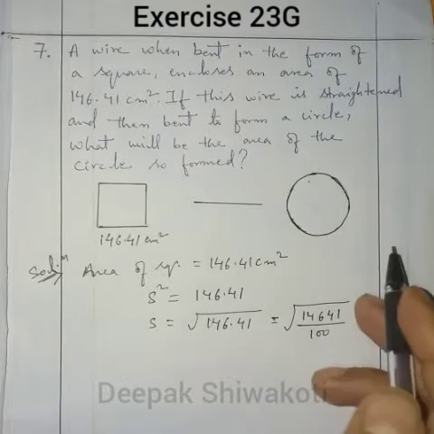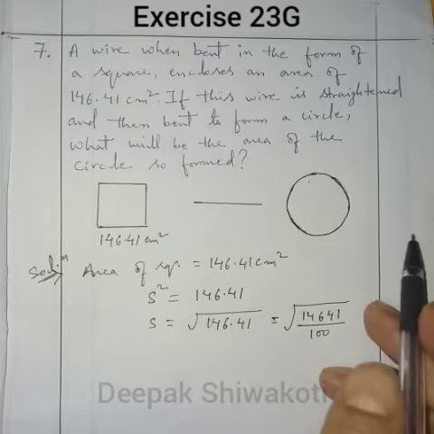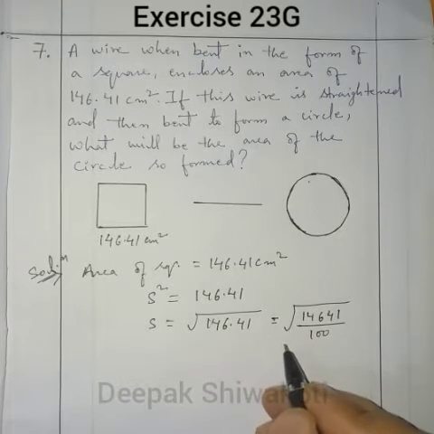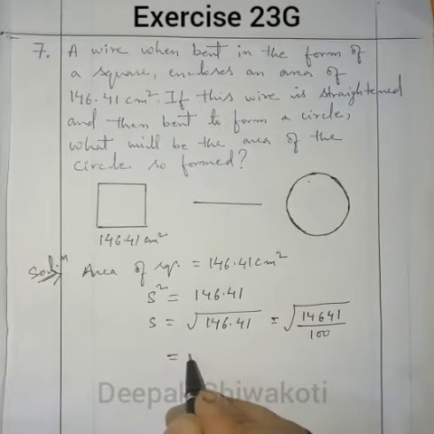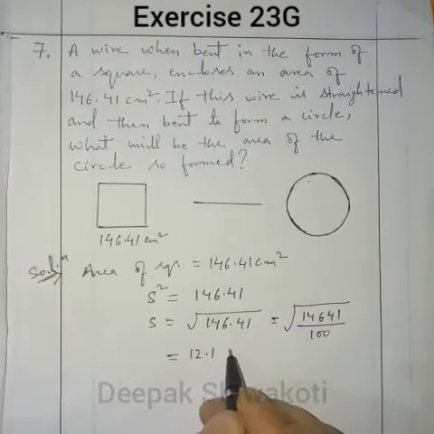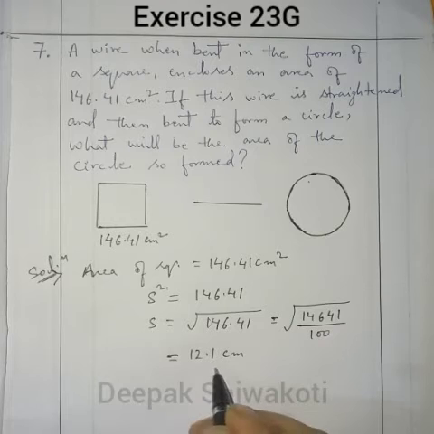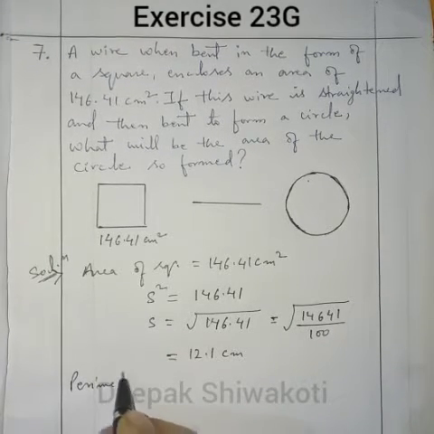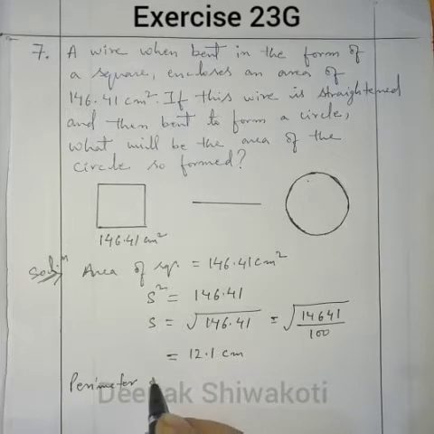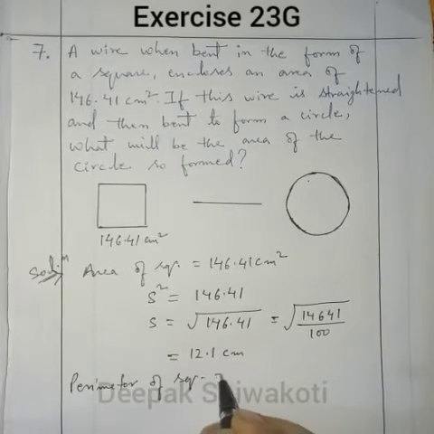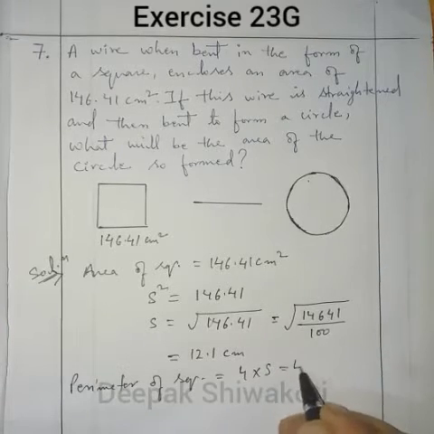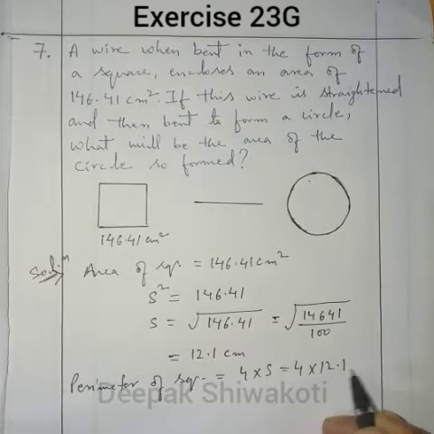So we'll get 12.1 centimeter, the side we got. Now perimeter of square will be 4 into side. So 4 into 12.1 centimeter.